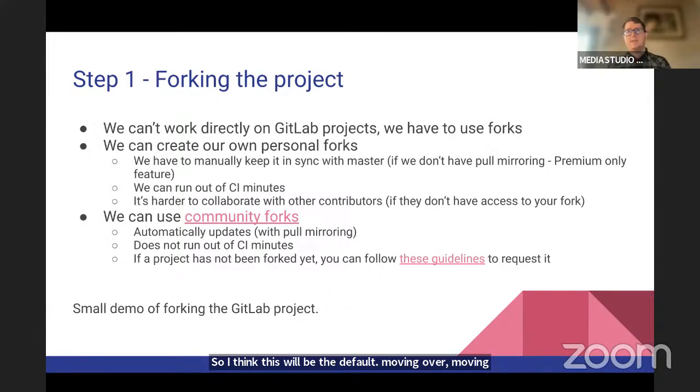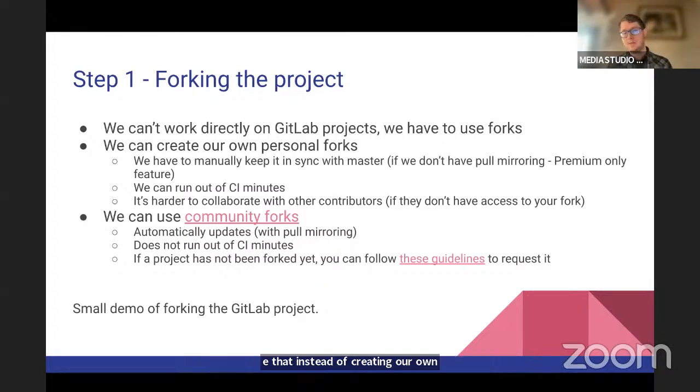Basically, we created some forks that are handled by GitLab themselves, and we can request access to those forks. And for example, if we want to work on a project that's not already inside of these community forks, we can ask the team to actually create the fork, so we can use that instead of creating our own.